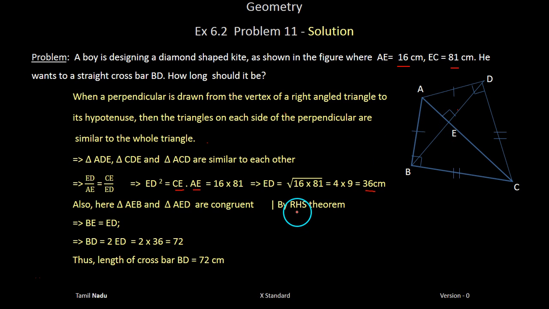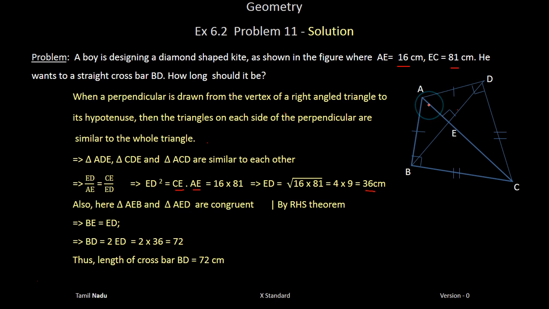So what does RHS say? Whenever you have a hypotenuse and one side of a right triangle equal, then these two triangles are congruent. So here this side is the same, which means equal, and the hypotenuse is equal, and it's a right triangle. So these triangles ABE and AED are congruent. These two triangles are equal.